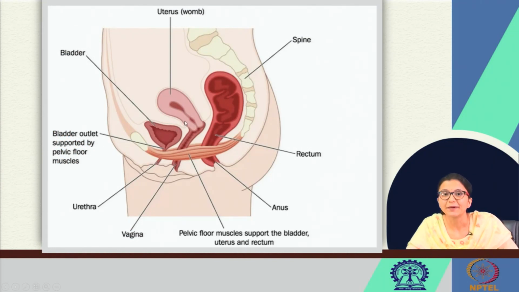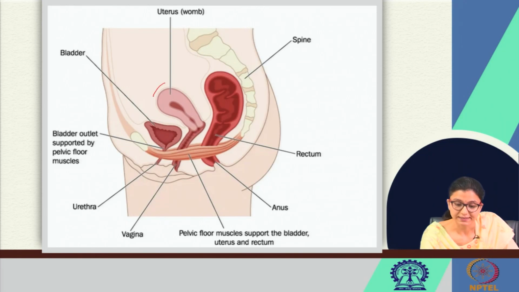This is a picture of the female internal as well as the external genitalia. You can see here this is the internal genitalia portion. The uterus, cervix, upper part of vagina.